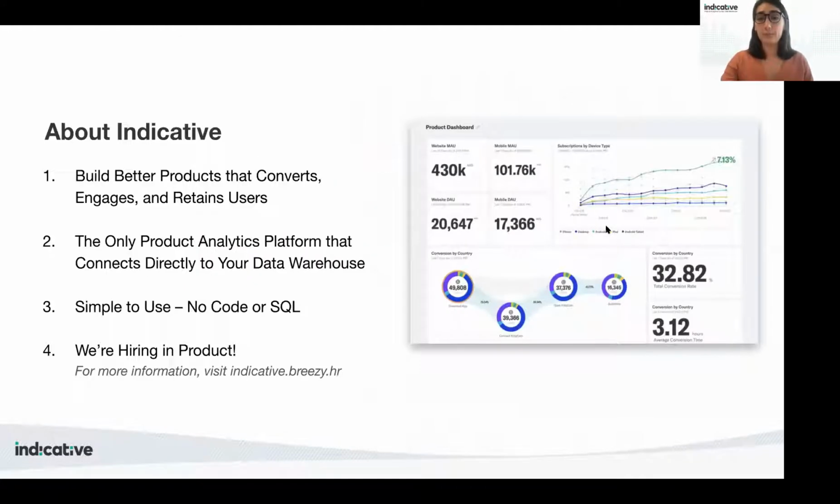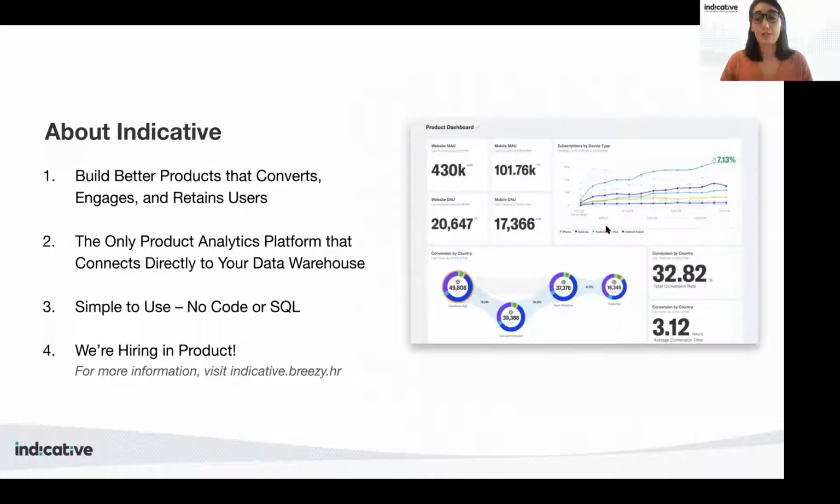Before we dive into that, let me tell you a bit about the platform that we're going to be using, which is Indicative, to measure the success of those product launches. Indicative is a product analytics platform that helps you build better products using analytics.